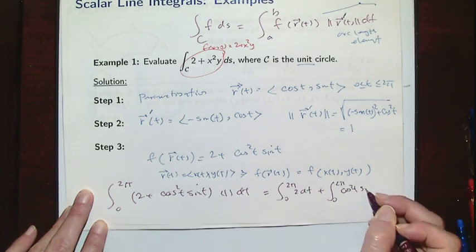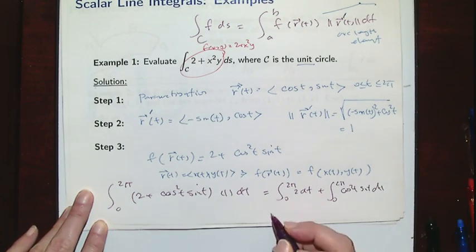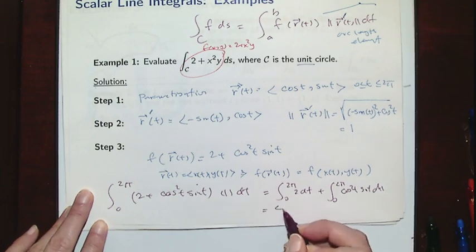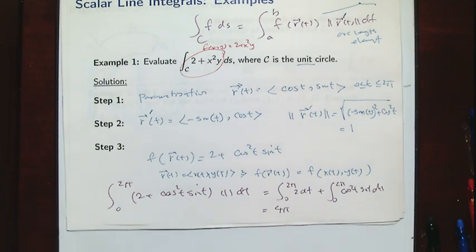Can anybody quickly tell me what the second integral is? From 0 to 2 pi, what would this be? It would be 0. Can you guys do the second integral without computation, by the symmetries?